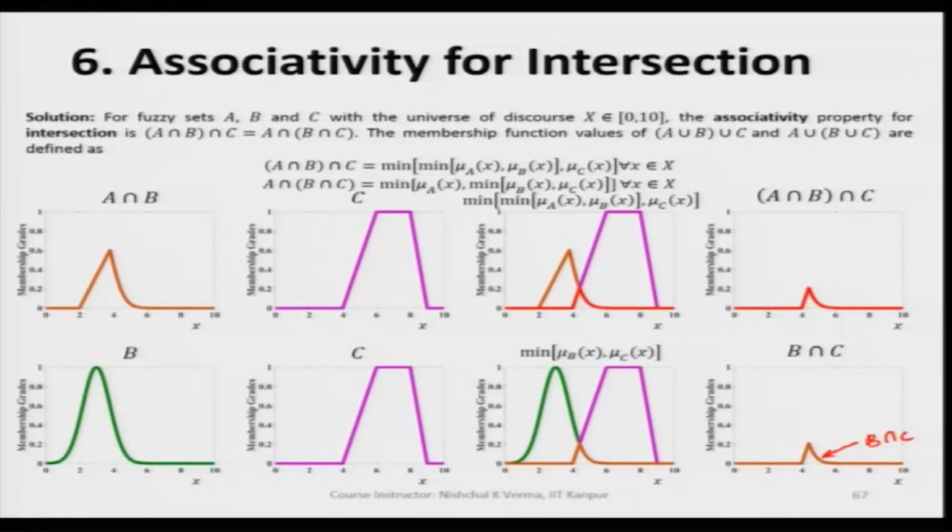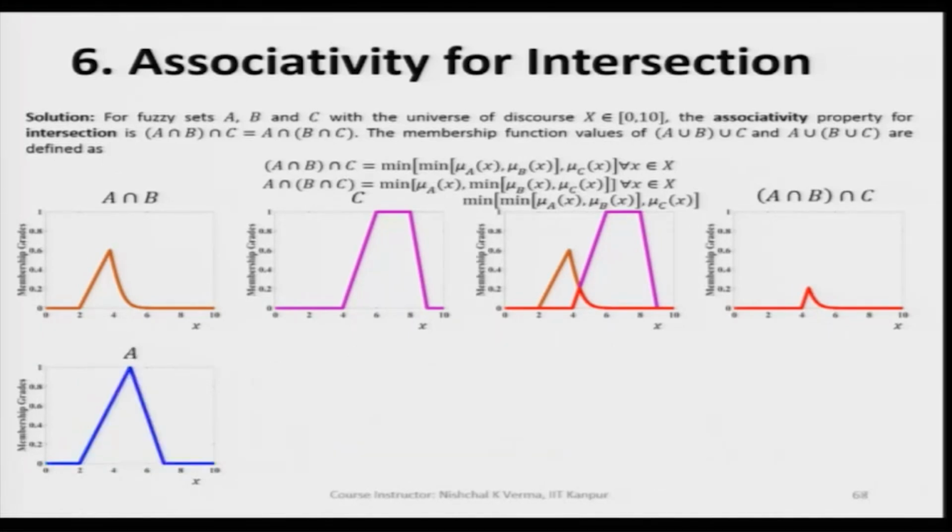Now, since this is a fuzzy set, again by just looking at it we can say this is a subnormal fuzzy set. So, let us take the intersection of this fuzzy set and A, and see what we are going to get. Here we have A, and we have to follow the sequence.